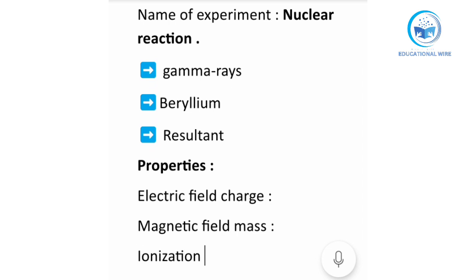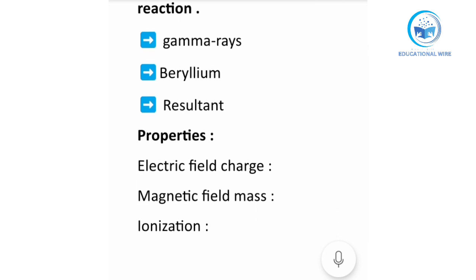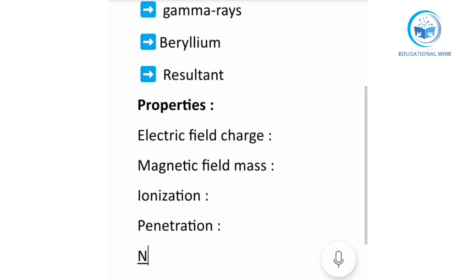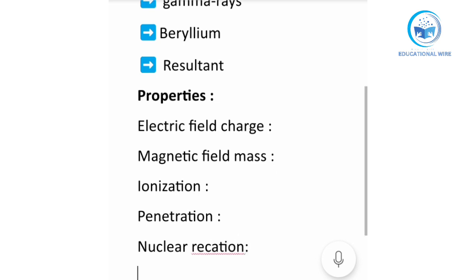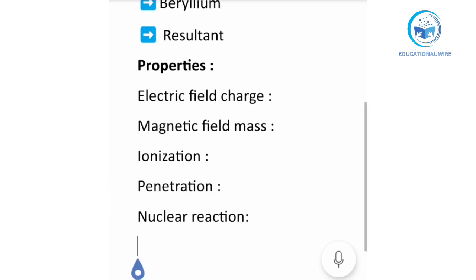We will do the ionization method, as we have done in the discovery of the electron and the discovery of the proton. Ionization, then we will do penetration. Then we will have nuclear reaction. These all topics are in its properties.